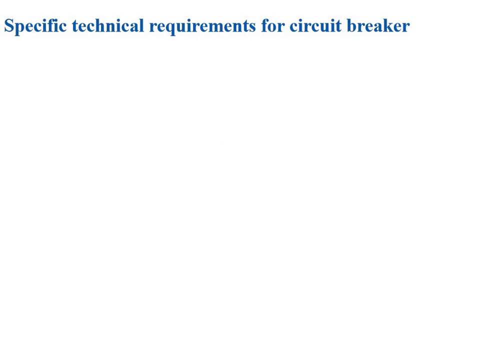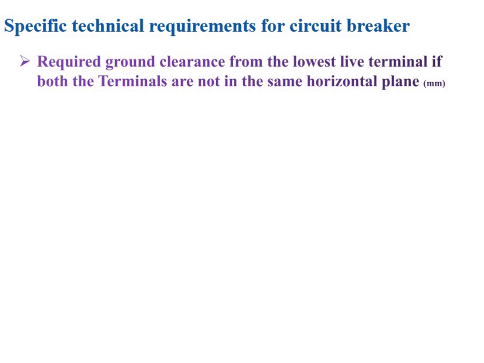Then next is the required ground clearance from the lowest live terminal if both the terminals are not in the same horizontal plane. This clearance is required to be mentioned, and that is generally expressed in millimeters.